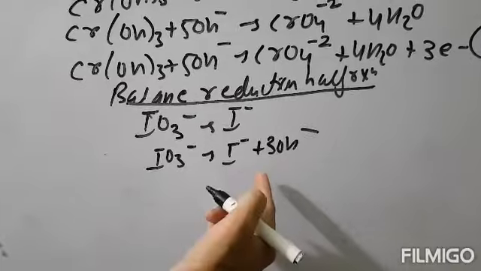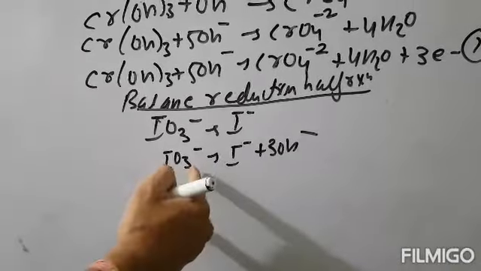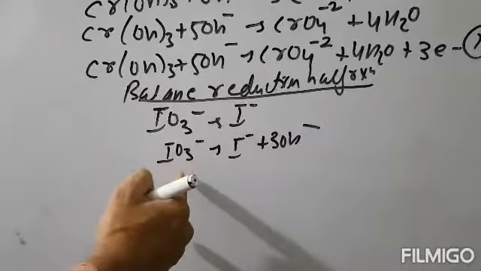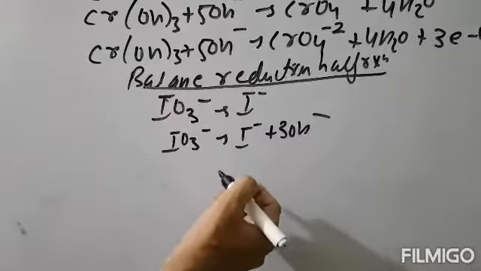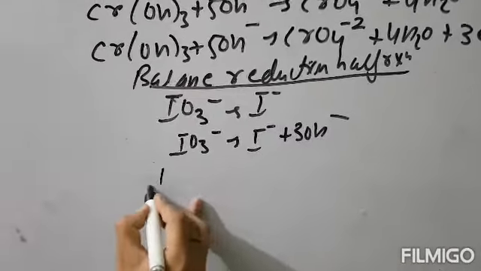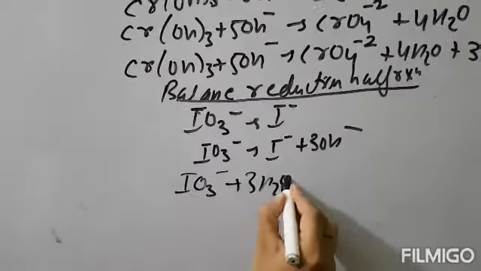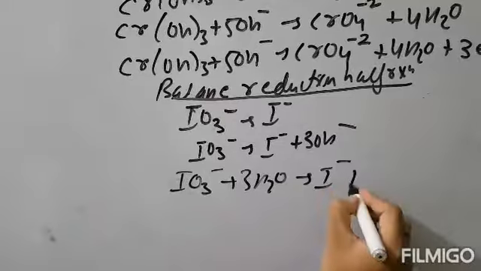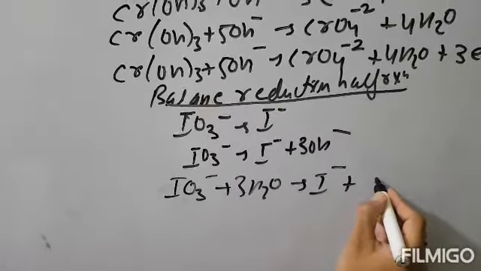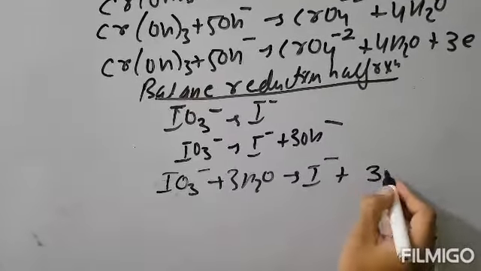Now to balance the hydrogen atoms, 3 water molecules are added to the left hand side and 3 OH- to the right hand side. So we are getting IO3- plus 3 water molecules will give you I- plus 3 OH-.